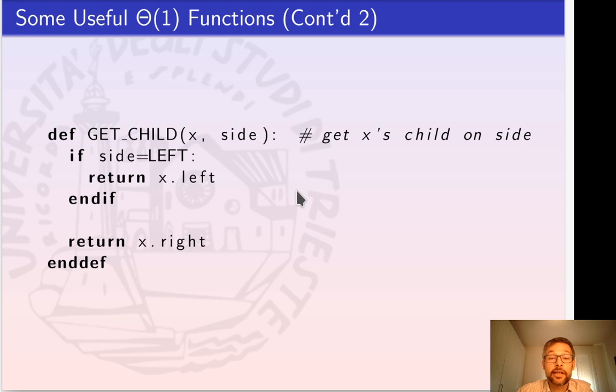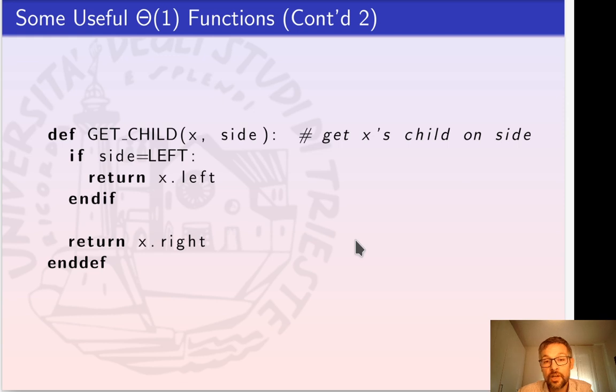Another function we can get is, of course, a function which gets the child of a given node according to the side we are searching for. So if we are searching for the left child of x, we simply call get child with x and left, and we end up with the left child, otherwise with the right child.